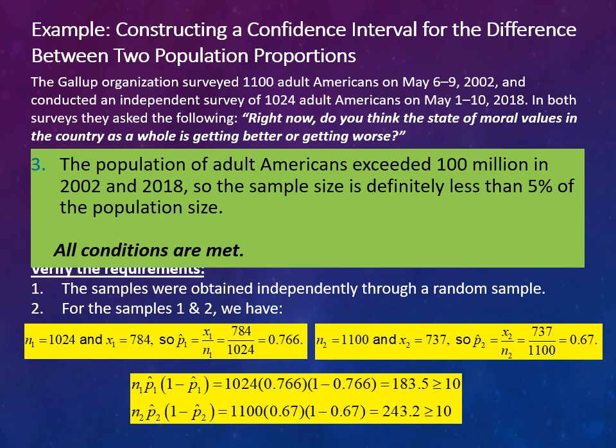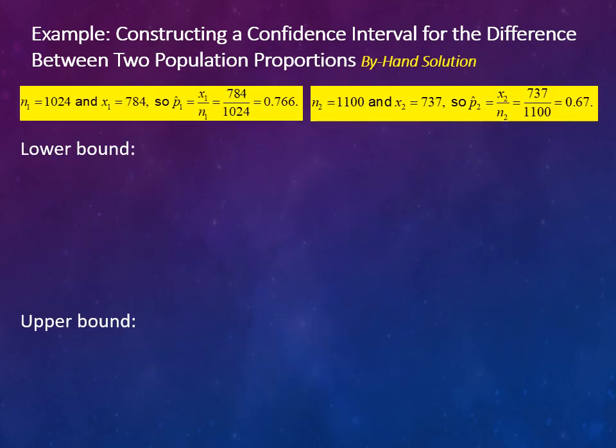Also, the population of adult Americans exceeded 100 million in 2002 and 2018, so the sample size is definitely less than 5% of the population, so all conditions are indeed met.